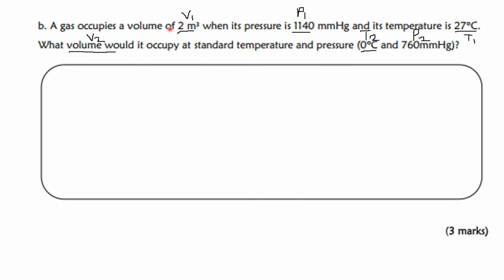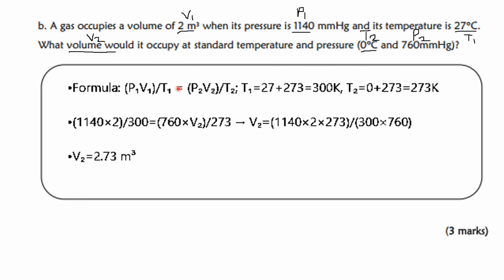So standard pressure is 760 millimeters of mercury, while standard temperature is 0 degrees Celsius. So we are going to borrow a very useful law, which is called the combined gas law.